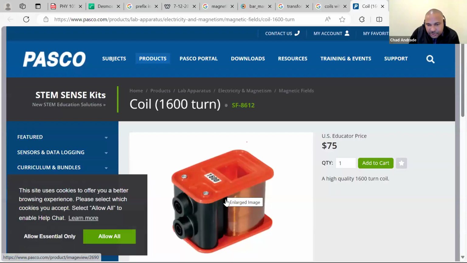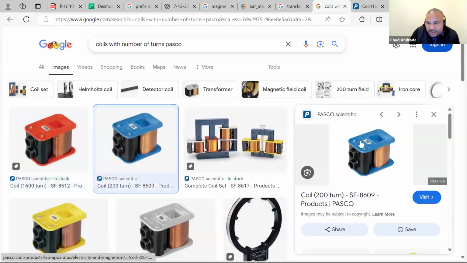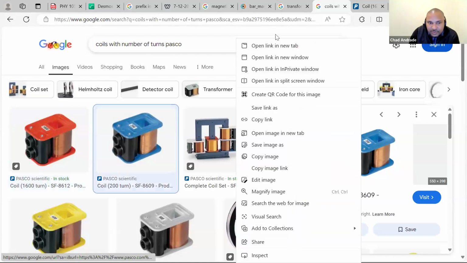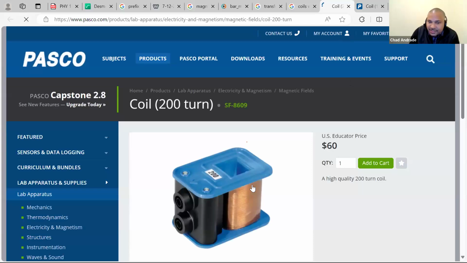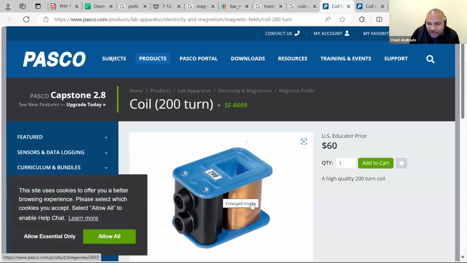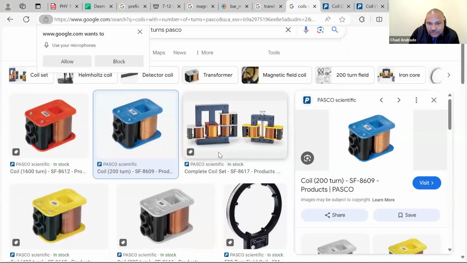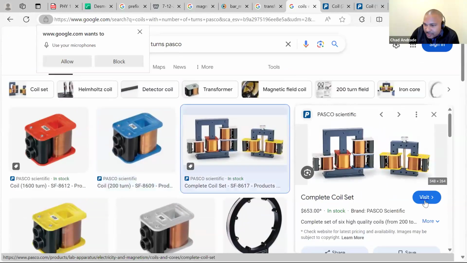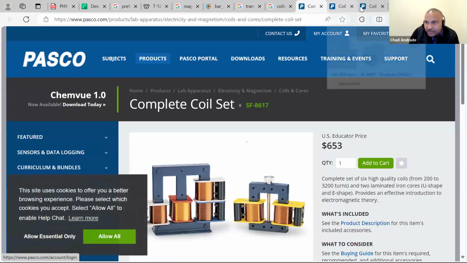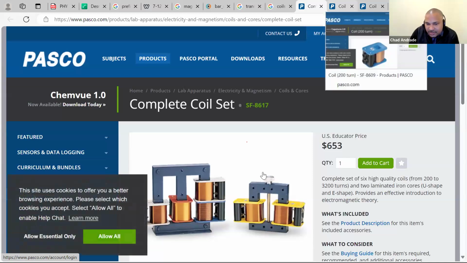This one shows a coil where the wire is looped around 1,600 times. And this one right here shows a coil where the wire is looped around just 200 times. Then you can use two of these to make a transformer just by putting the coils right beside each other, just like this.